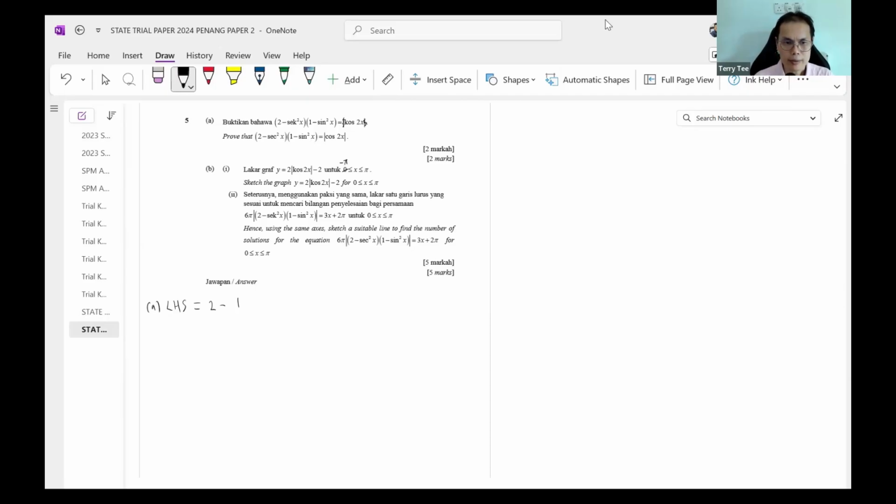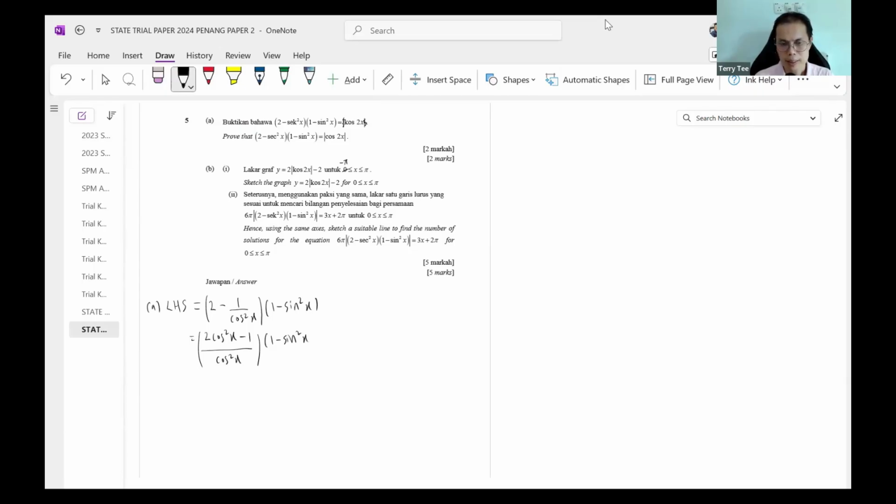Secant is 1 over cos. So I change this secant square to 1 over cos square. And there's a 1 minus sine square. So we're going to combine them to 2 cos square x minus 1 over cos square x, right? Then you multiply with this 1 minus sine square.